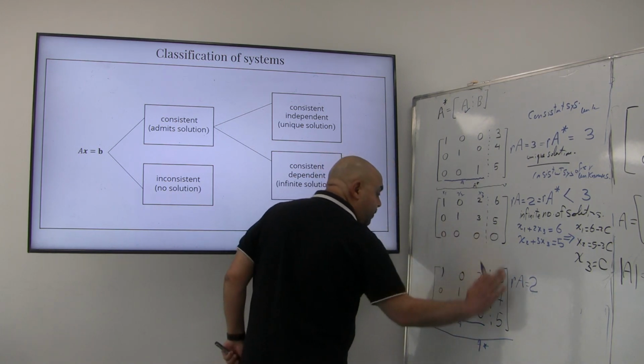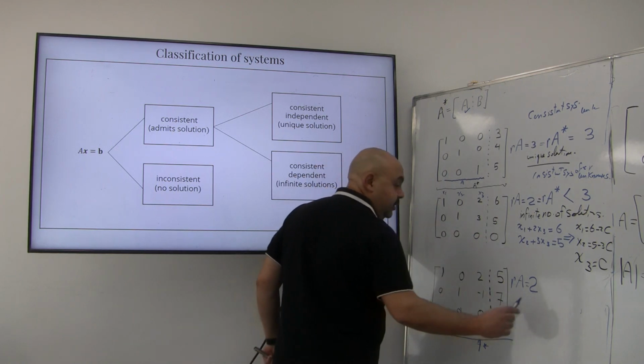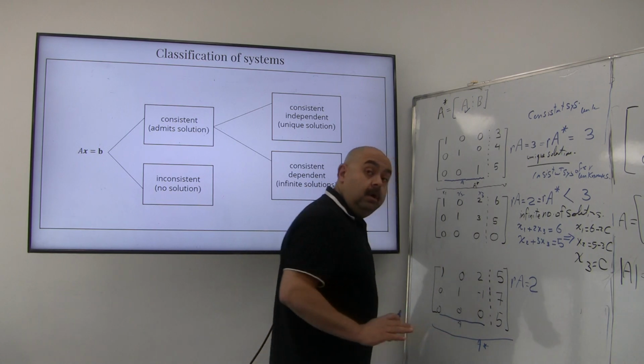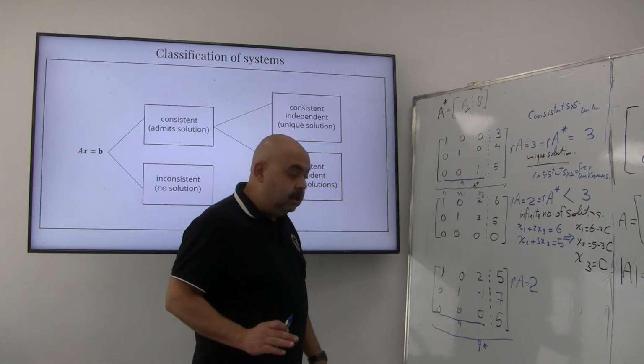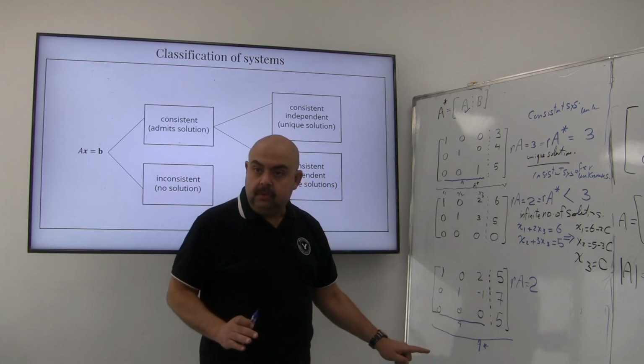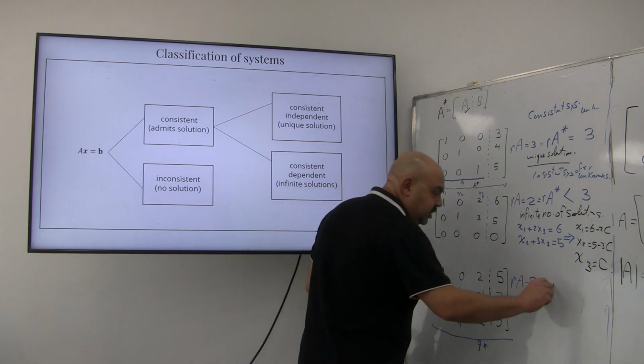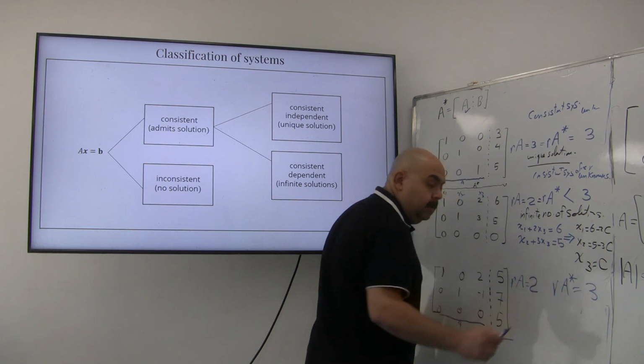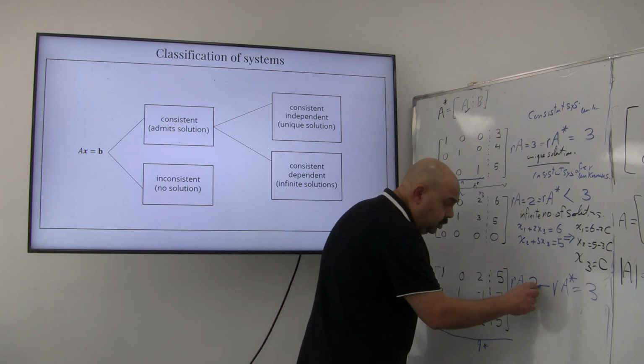Get the rank of the augmented matrix all together. The first row is non-zero, the second row is non-zero, the third row is non-zero also. So the rank of A star is equal to what? Are they equal to each other?